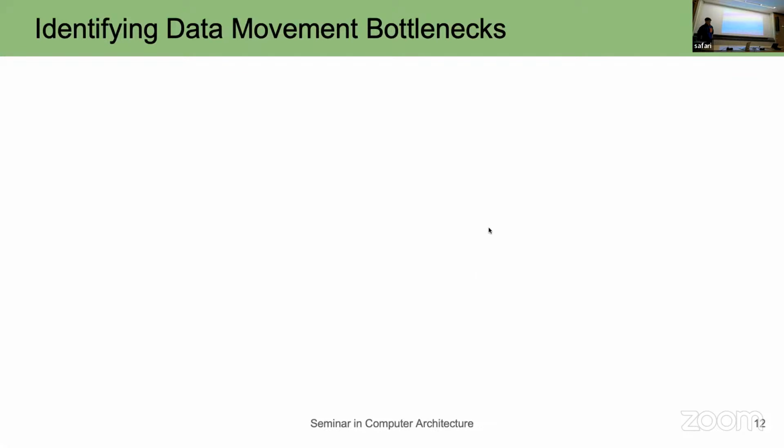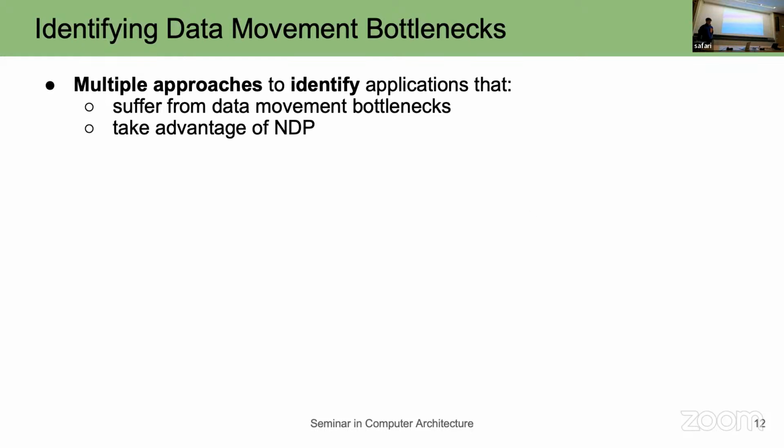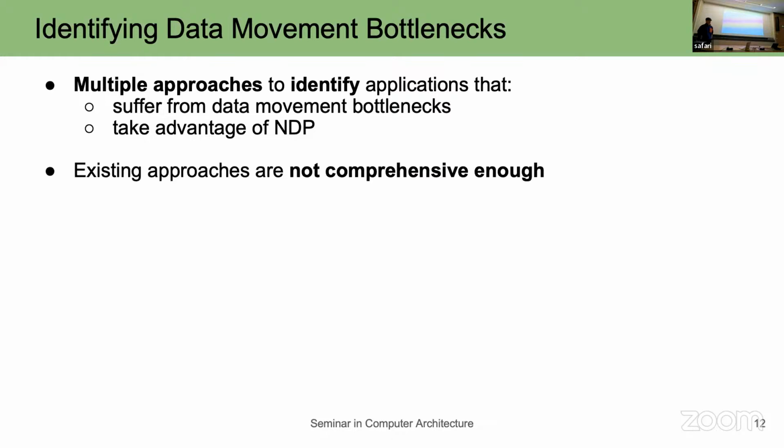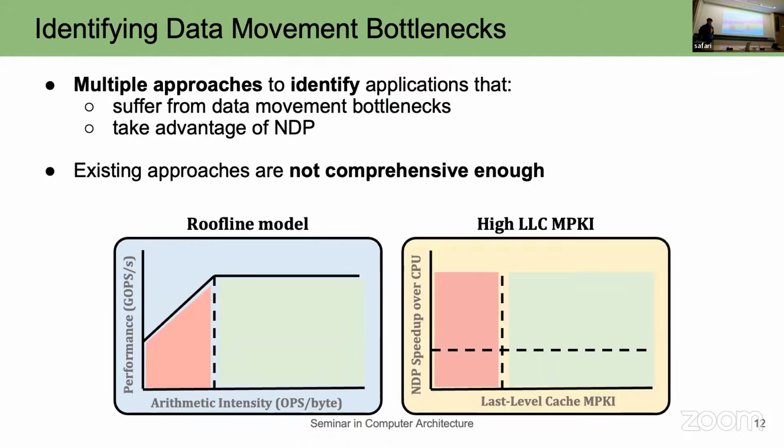To further solidify this statement, we will now look at different approaches to identify applications which suffer from data movement bottlenecks and could also take advantage of NDP. There are several approaches, but they're all not comprehensive enough. I will quickly go over two of them just so we get an understanding. The first one is the so-called roofline model, and the second one is high last-level cache misses per kilo instructions.